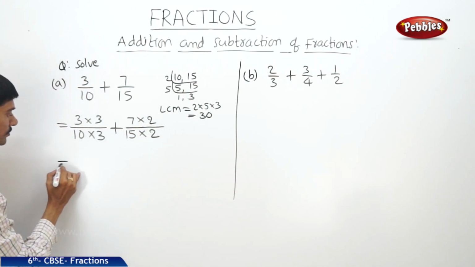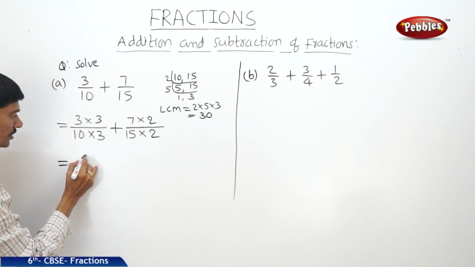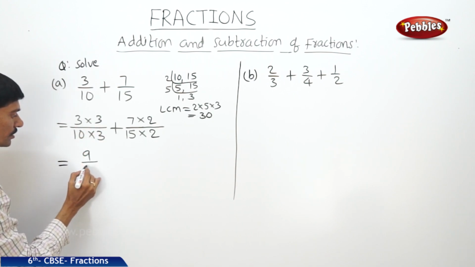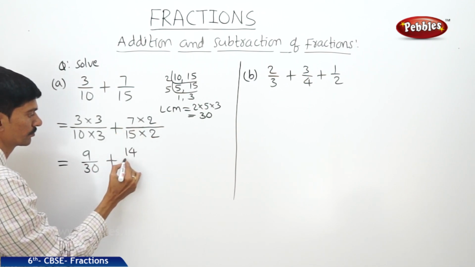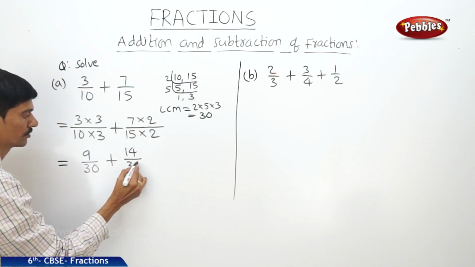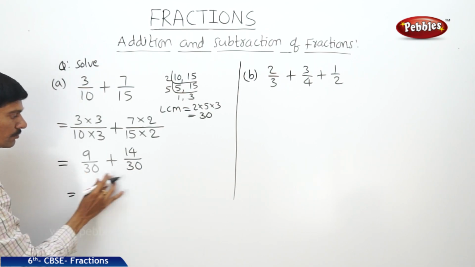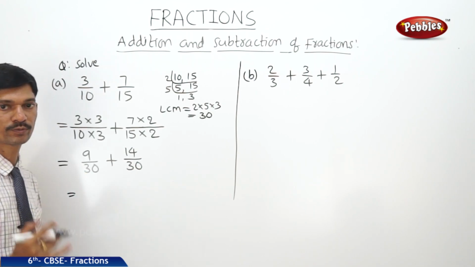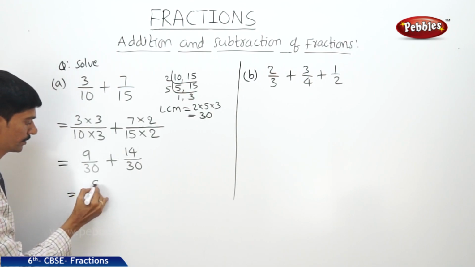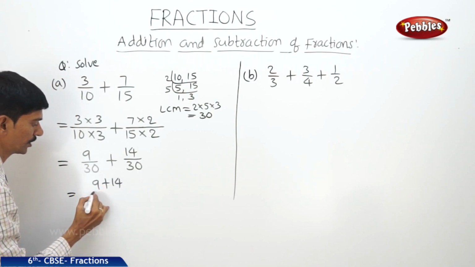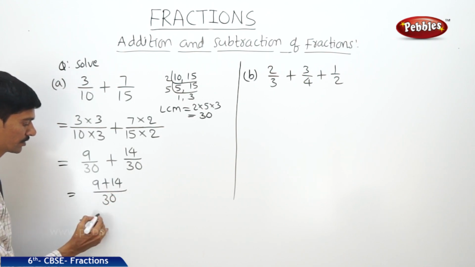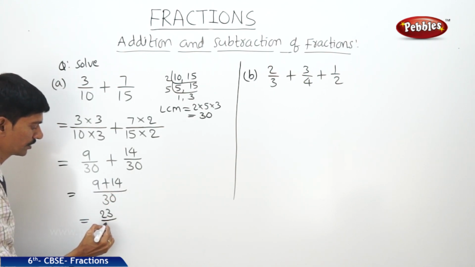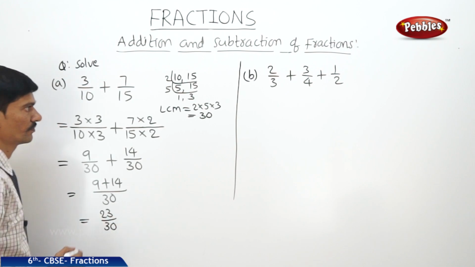So this equals 3 3s are 9 by 10 3s are 30 plus 7 2s are 14 by 15 2s are 30. Now the denominators are equal, so we can add the numerators. So 9 plus 14 by 30. Now this equals 14 plus 9 is 23 by 30.